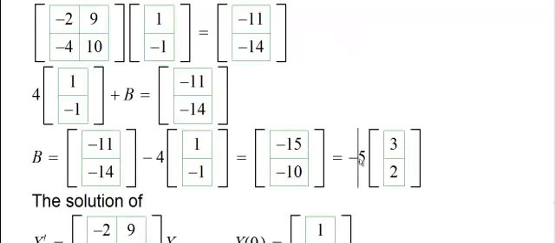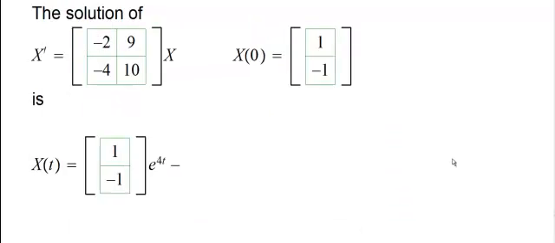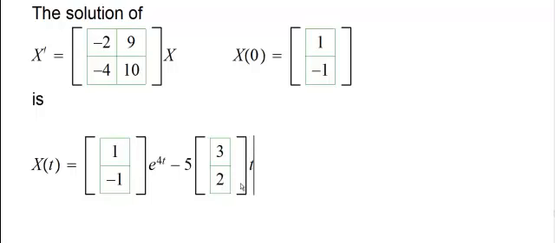We got 5 times this times t times e to the 4t, right? Are we clear? So this is the solution for this initial value problem, right? Okay. Now in general, you're not going to show this entire detail all the time, okay? So what you will do first is, everybody fine?